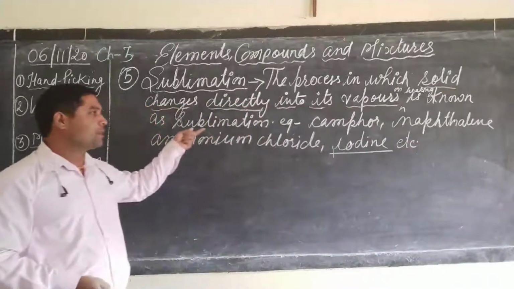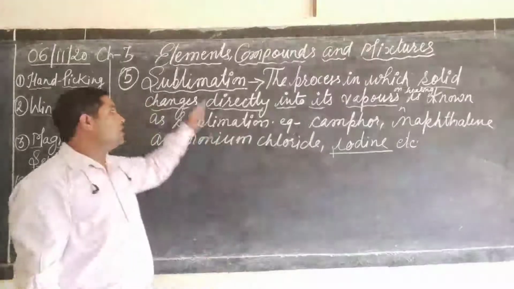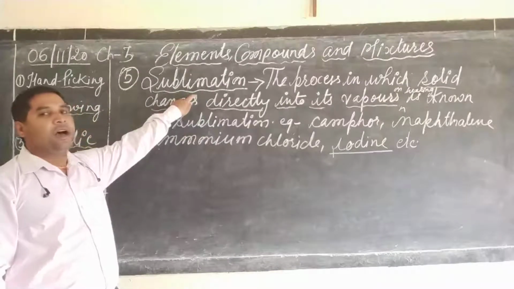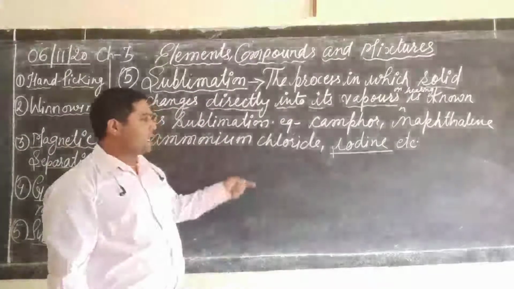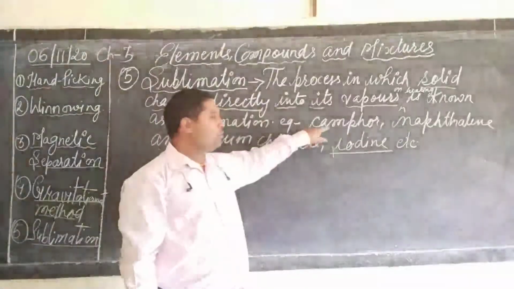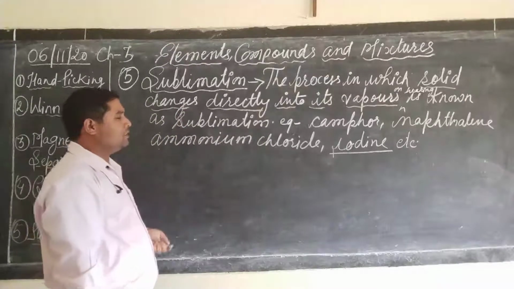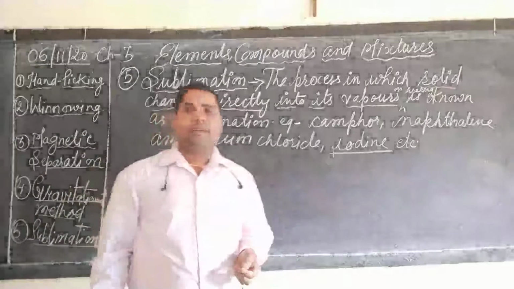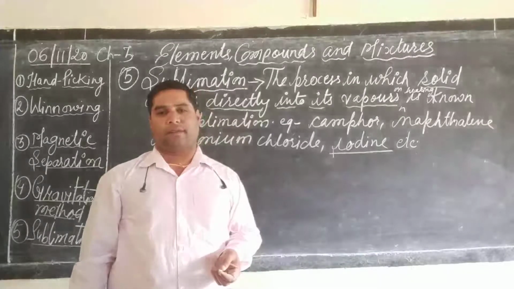So dear student, those substances which show the sublimation process are known as sublime substances. Examples like camphor, naphthalene, ammonium chloride, iodine. These are all sublime substances.